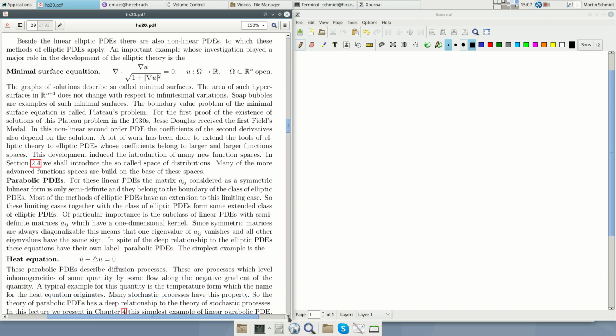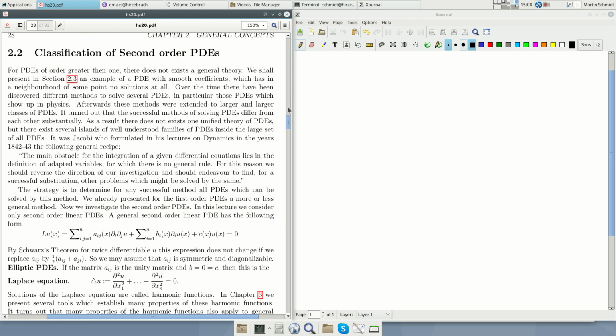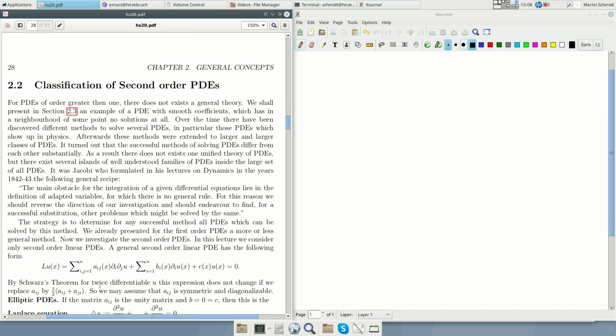Now there exist boundary cases, of course. Let's have a look again at our equation here. This is our linear equation, and the condition which we had for elliptic theory is that this matrix of the second derivatives is positive definite or negative definite.